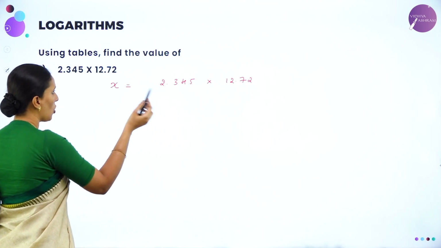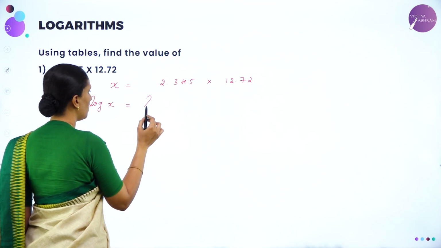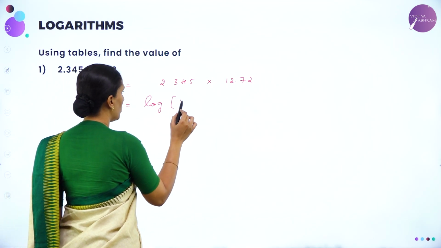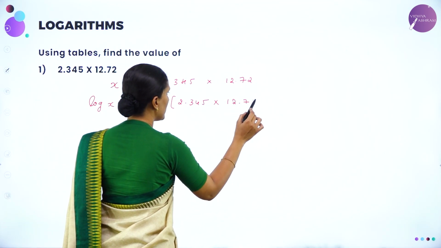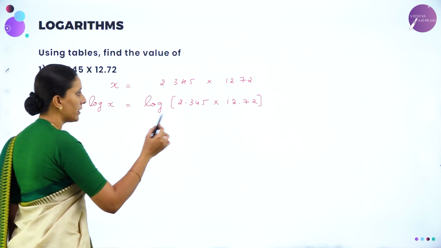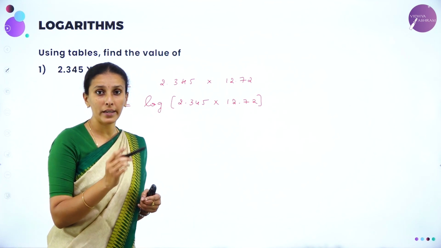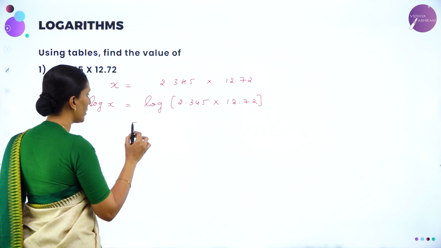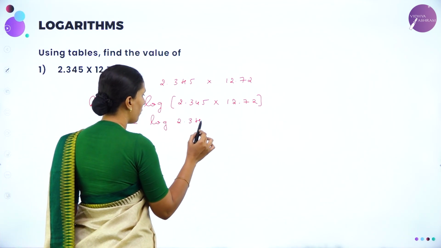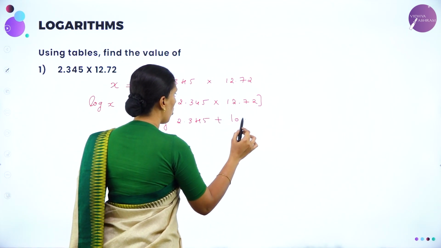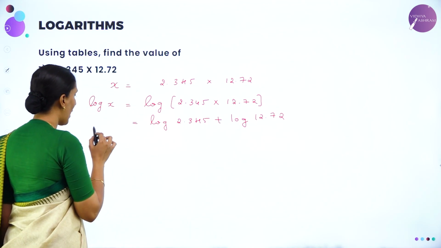Let me apply log on both sides. Then log x is equal to log of 2.345 into 12.72. From the properties of log, we know that log m into n can be written as log m plus log n. So I will write it as log 2.345 plus log 12.72.